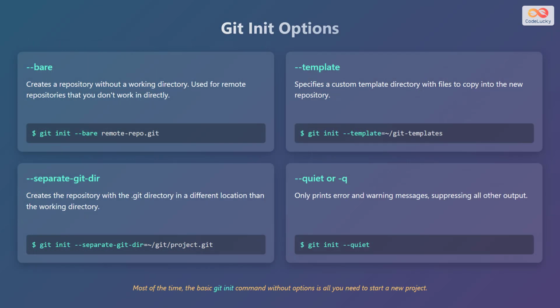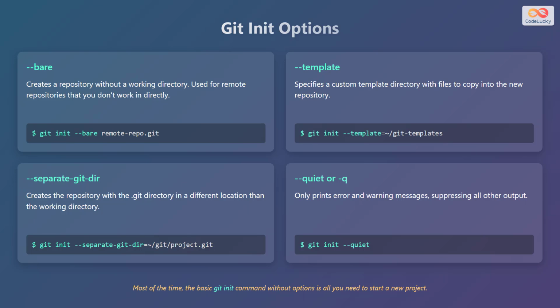Let's explore some options available with the git init command. First, --bare. This creates a repository without a working directory. It's typically used for remote repositories where you don't directly modify files. Second, --template. This option lets you specify a custom template directory with files to copy into the new repository.